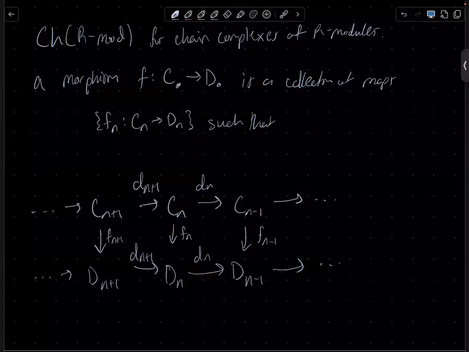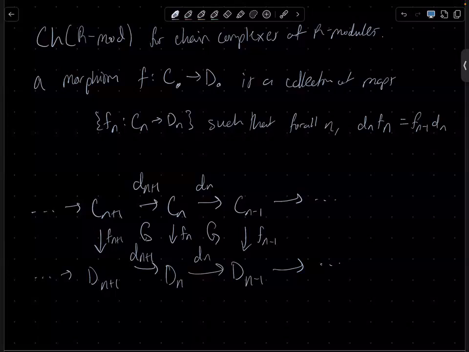What I mean by playing nice is that each of these squares commutes. To write this down, for all n we want dn fn to agree with fn minus 1 dn.